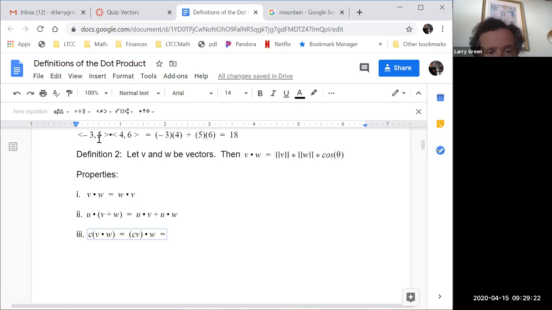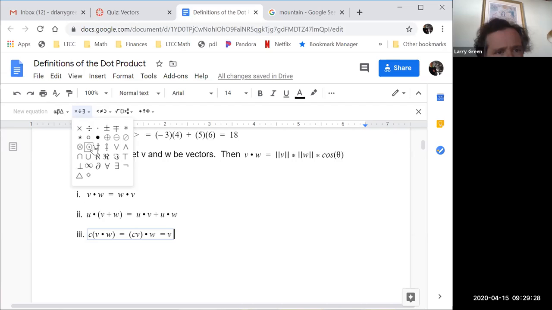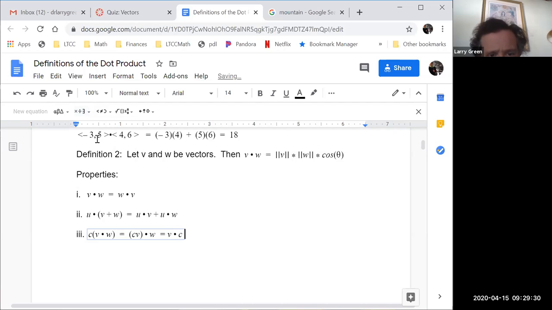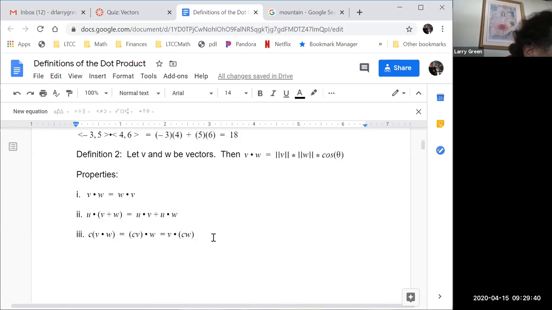So that's equal to V dotted with CW. So that's an associative property. Any questions on that?